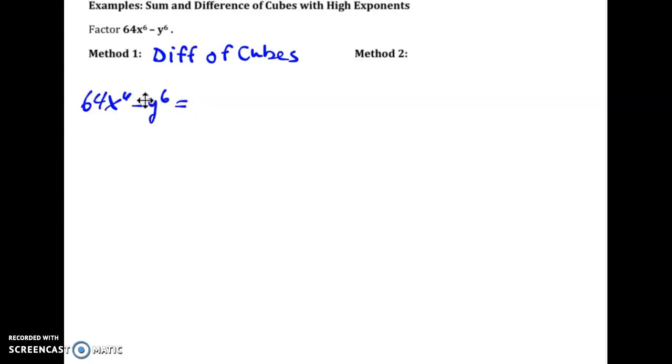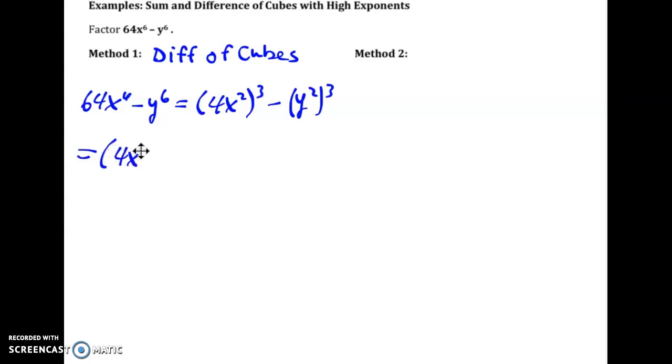Okay. So, as a difference of cubes, 64x to the 6 is really 4x squared cubed minus, and y to the 6 we can rewrite as y squared cubed. So that is a difference of two perfect cubes. Then we can use that difference of cubes pattern.